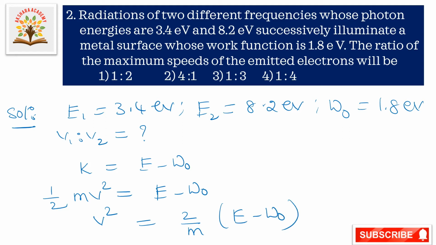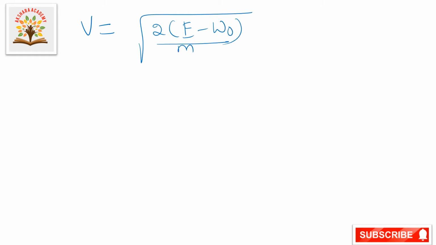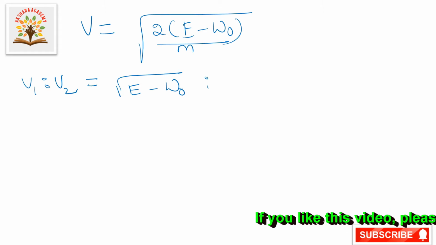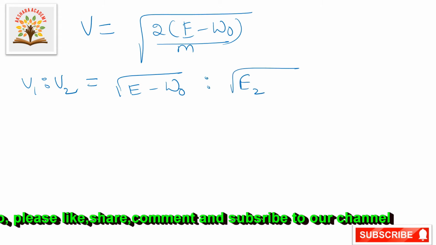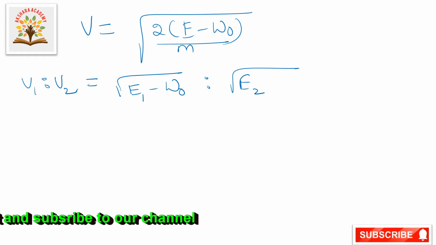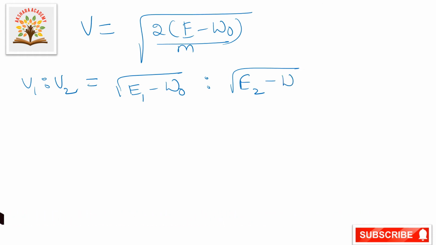So v equals the square root of 2 times E minus W naught, by m. So V1 is to V2 equals the square root of E1 minus work function is to E2 minus work function.